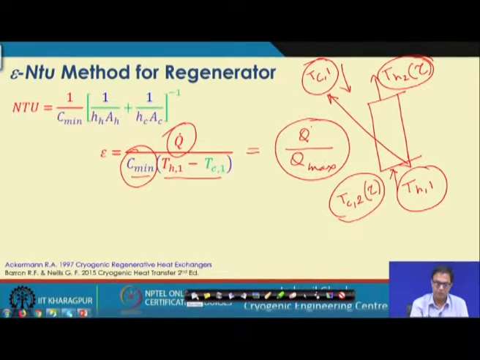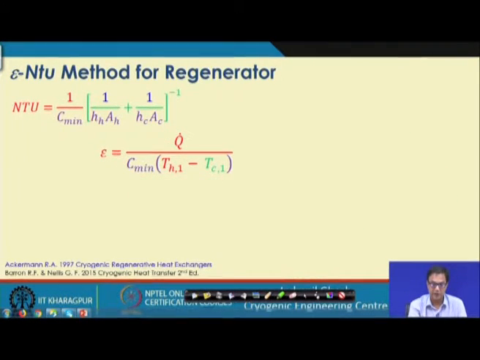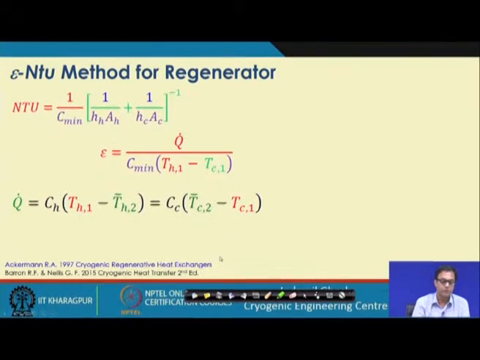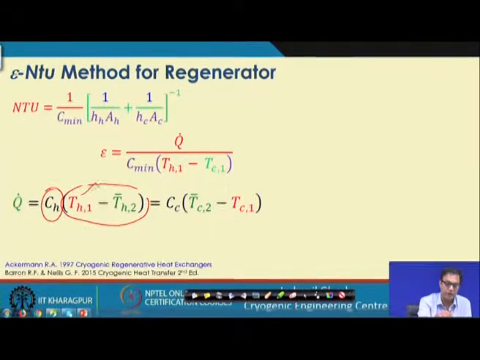So, that is how we define the regenerator effectiveness, and it is pretty similar to the definition of the heat exchanger effectiveness. Here Q dot is defined as the heat capacity of the hot fluid multiplied by the hot fluid inlet and hot fluid outlet, but this is the average outlet temperature of the hot fluid.